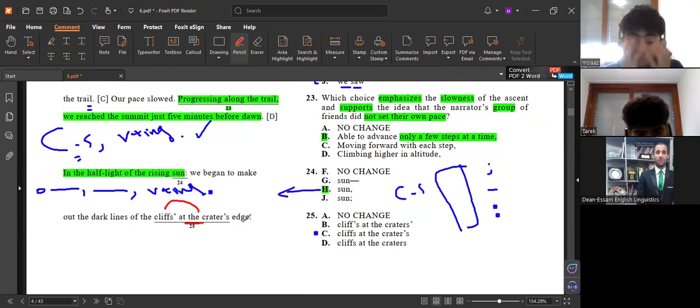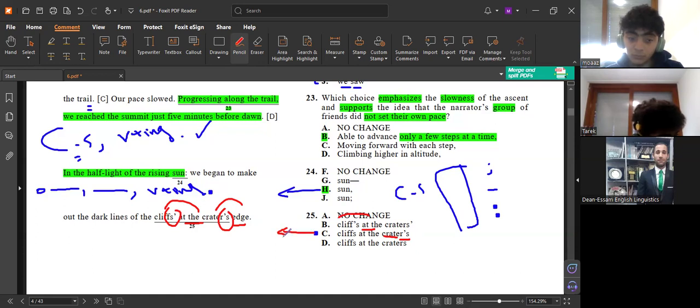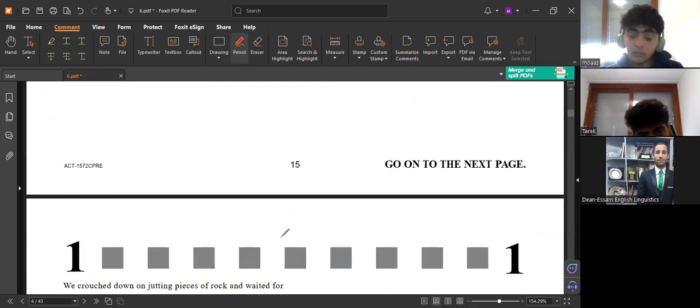At the crater's edge of the cliffs? How? Of cliffs? Doesn't work. And here we need edge of crater's, so we need an apostrophe here. And the crater is singular. That's it. Know it from here or know it from there, find anything. But the problem is the time. You will answer it correctly, Maaz, but the time. Right.